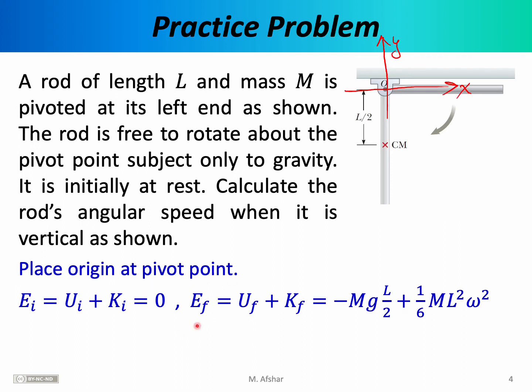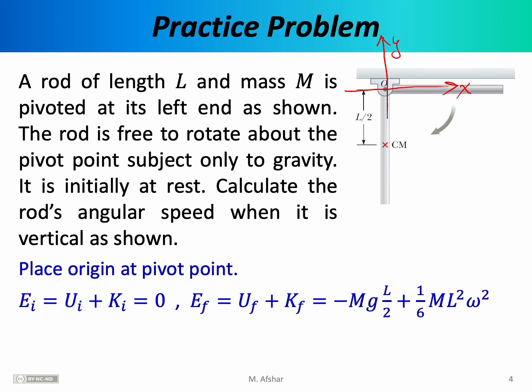Now let's talk about the final mechanical energy. Finally, the object will have some potential energy. It has swung through 90 degrees. Its center of mass is no longer here, but it is over here. Remember that for a uniform rod, the center of mass is at the geometric center of the object. So we can say that the center of mass is length L over 2 below the origin, which means that the height is negative.